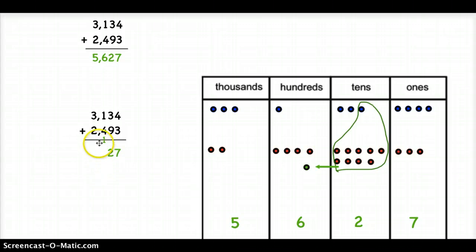It still looks like the number 12, the 9 plus 3, but I'm regrouping that 10, bundling it, and sending it over to the next place value. It's just a different way to look at it so that you know that you did originally come up with 12. And this 1 that you sent over was 10. And then you add up the remaining, 5,627.